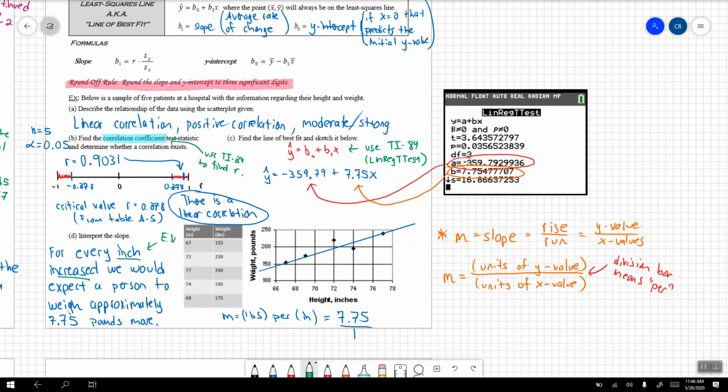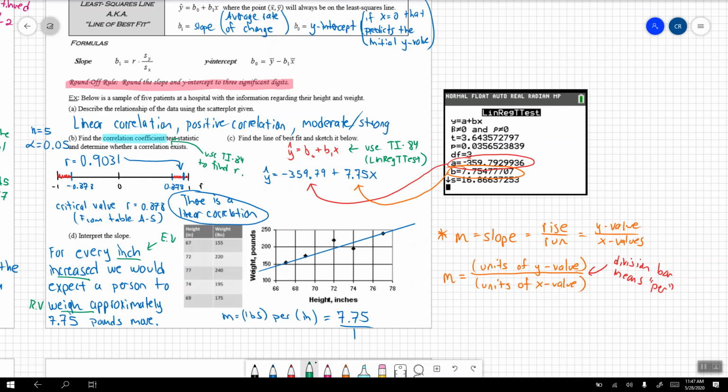Well, for every inch that we increase, we would expect a person to weigh, and that's now talking about your response variable, approximately 7.75 pounds more. So for every inch that you increase, you'd expect a person to weigh 7.75 pounds more. So there is a linear correlation between height and weight, and typically this is what we use to make those assumptions or interpretations.